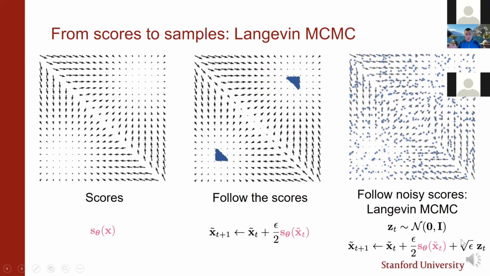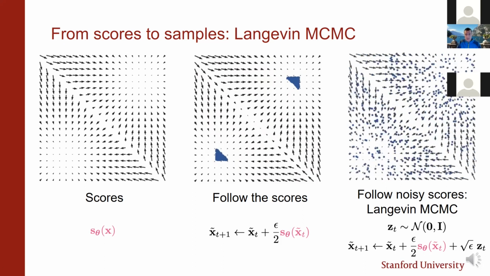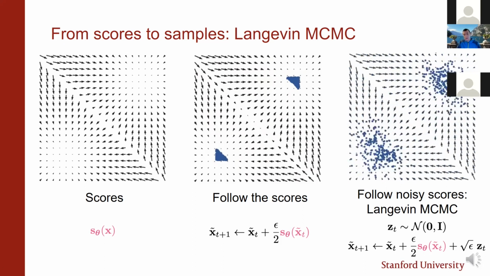So you do noisy gradient ascent. That gives you a Markov chain Monte Carlo sampling method known as Langevin dynamics, which is known, under some regularity conditions, to produce, in the limit, if you keep running this procedure for long enough, samples from the density corresponding to that vector field of scores.